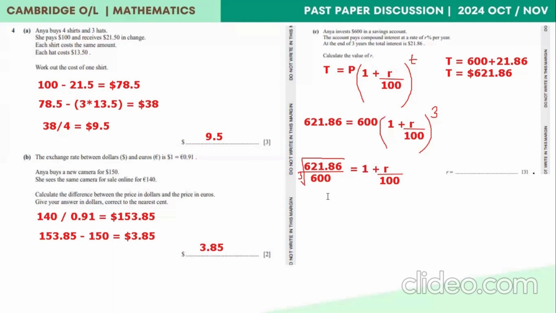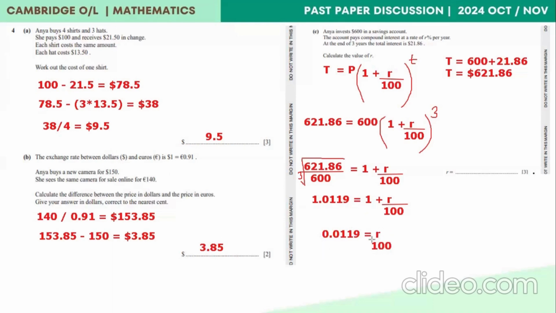So now the cube root value gives us 1.0119 equal to 1 plus R over 100. It's better to take as many decimal places as possible because our rate we should give to at least 1 decimal place. So to maintain accuracy, we can take it like that. Now we can take the 1 to the left, so 1.0119 minus 1 is going to be 0.0119, equal to R over 100.